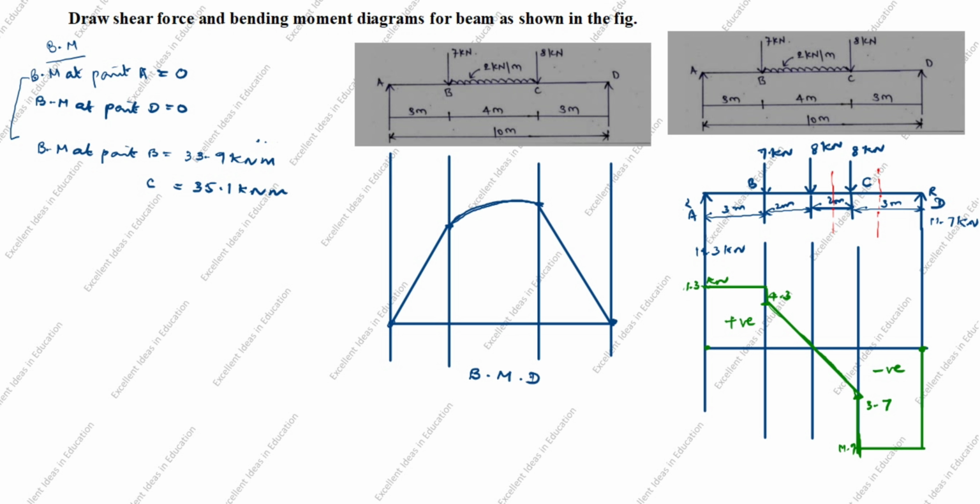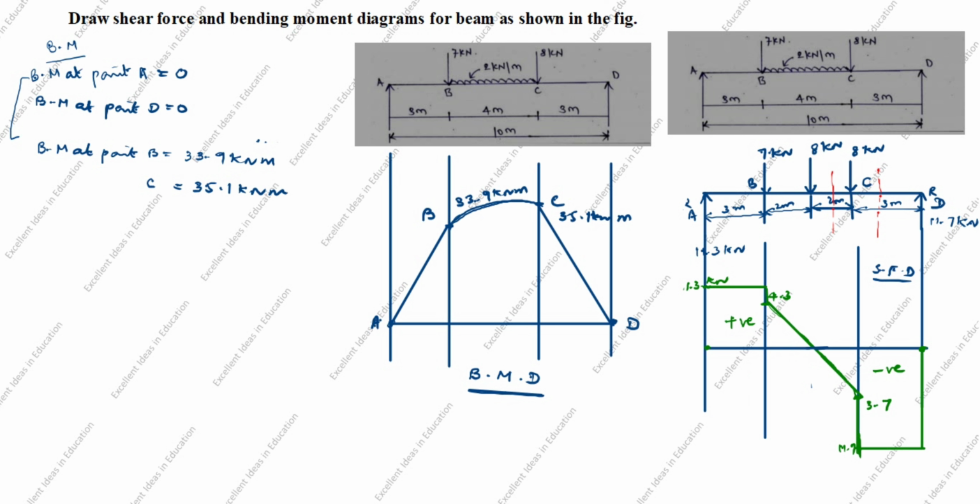This is shear force drawing. B, C, D, A. B is 33.9 kilonewton meter. C is 35.1 kilonewton meter. You see here, this point we don't know. So how we will calculate this one?